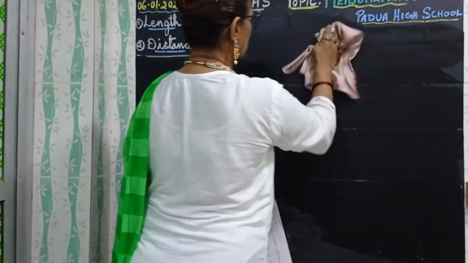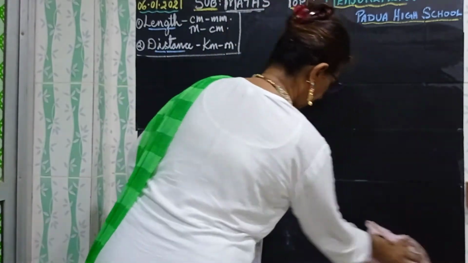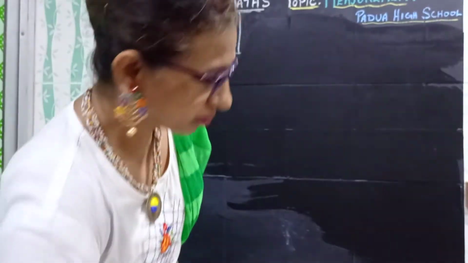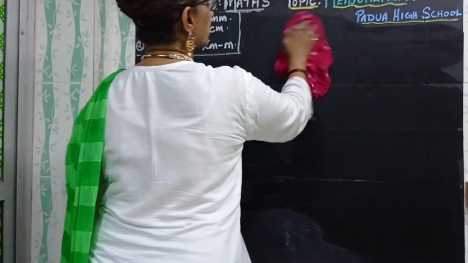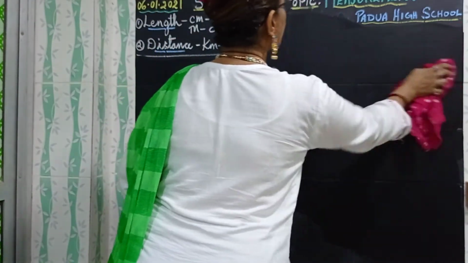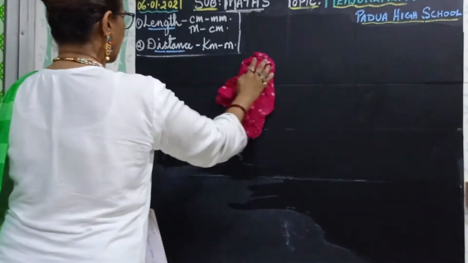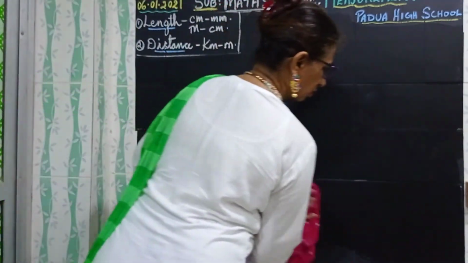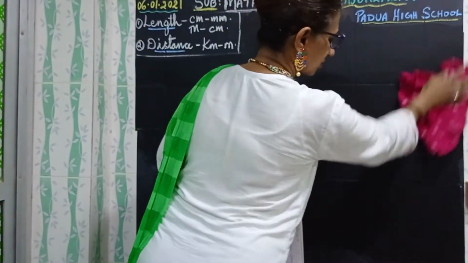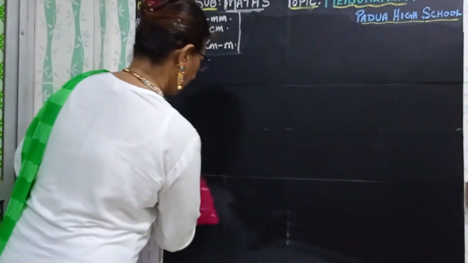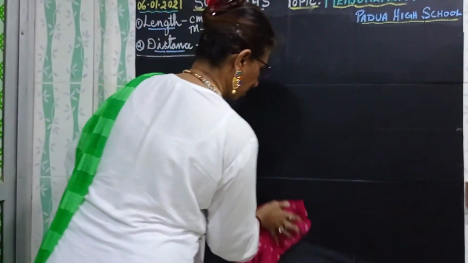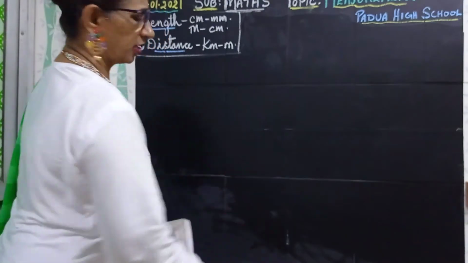Okay, this you must not forget, because this is very important for the conversion. Whatever you are converting. So 1 centimeter is equal to 10 millimeters and 1 meter is equal to 100 centimeters. This you have to keep on repeating and know by heart, very much in your mind.